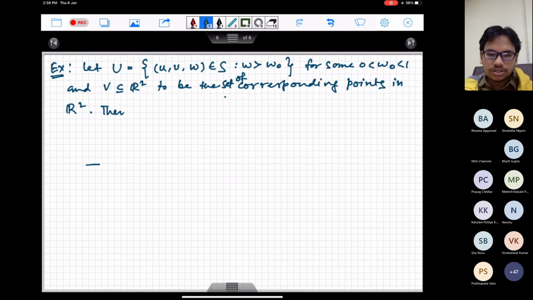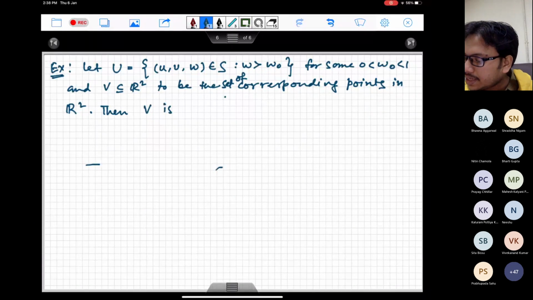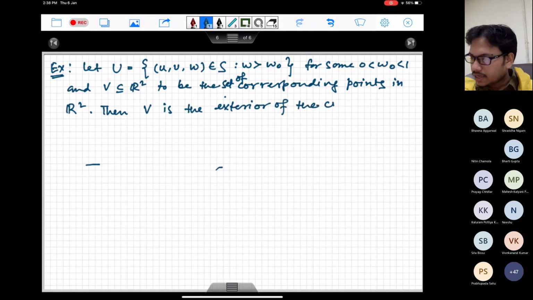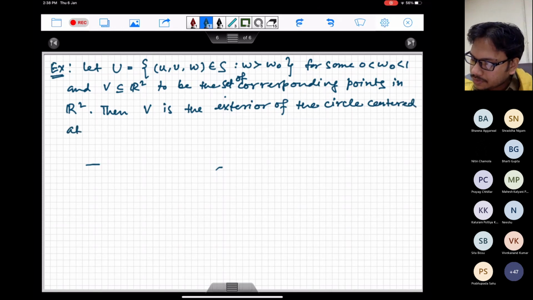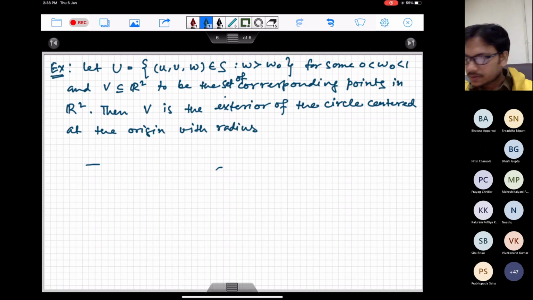Then you can show that V is nothing but the exterior of the circle centered at the origin with radius square root of w naught divided by 1 minus w naught.